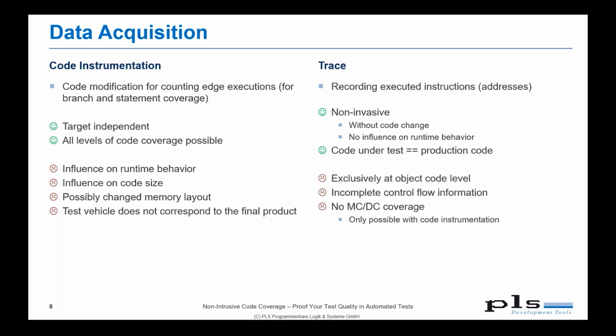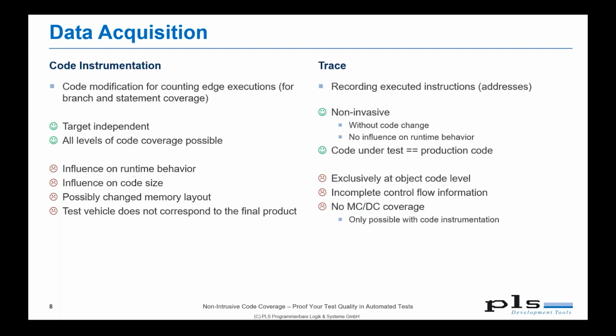But this approach also has some disadvantages. The approach gives you only the coverage at object code level. That means the machine instructions, because the trace observes the executed machine instructions and has nothing to do with the original source code.